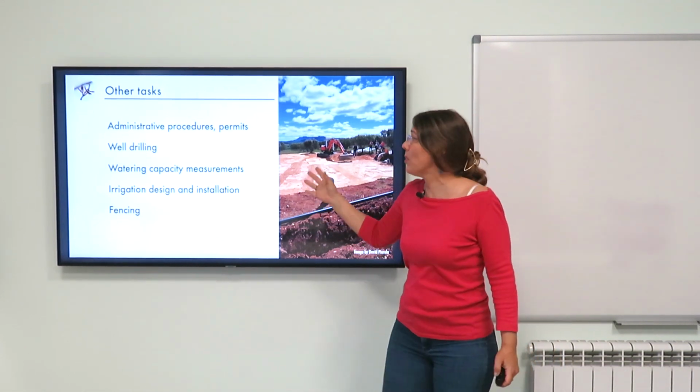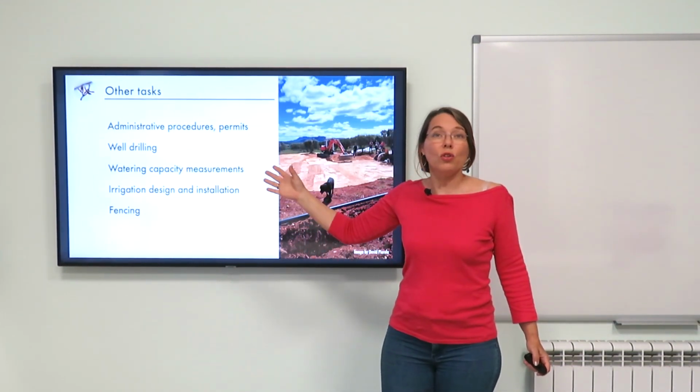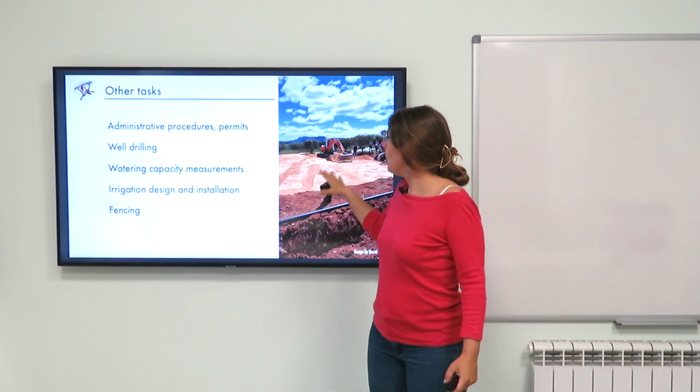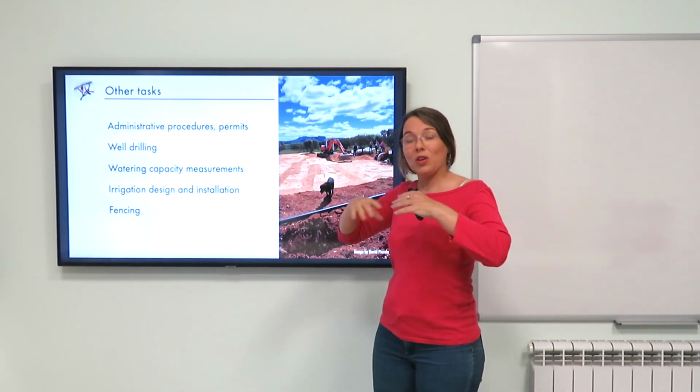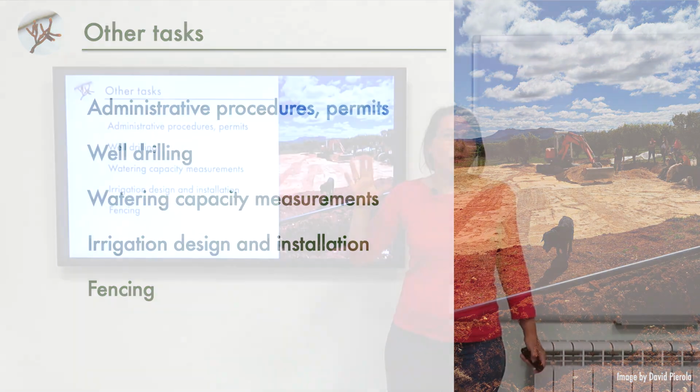Sometimes it takes time. For example, if you have to do a well, here it may take up to 4 years to get a permit to do a well, okay? You want to put a tank, one of those flexible tanks, it looks like a humongous trash bag, you fill it with water for irrigation. You have to ask for a lot of permits and an environmental impact study, normally here in Spain, and that's basically all over the world as far as I know.